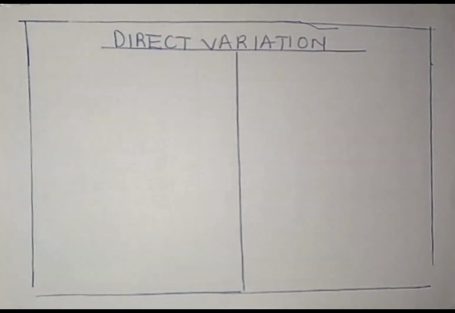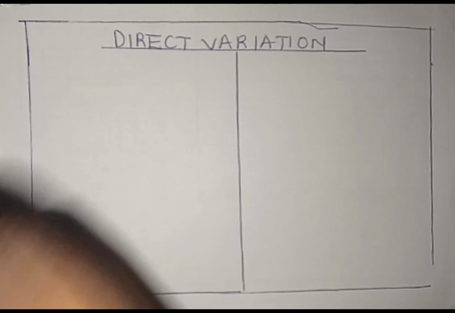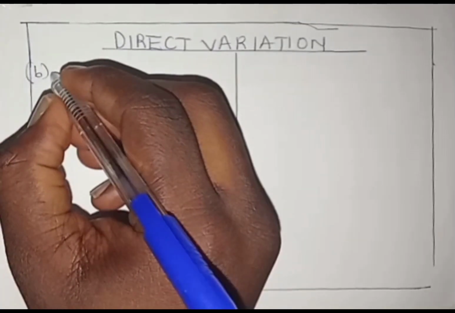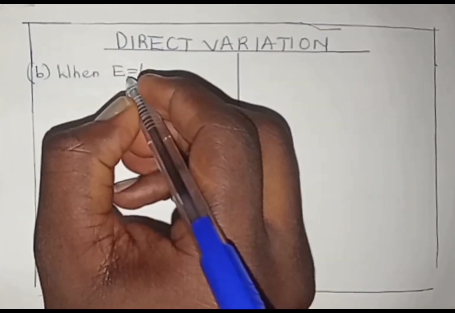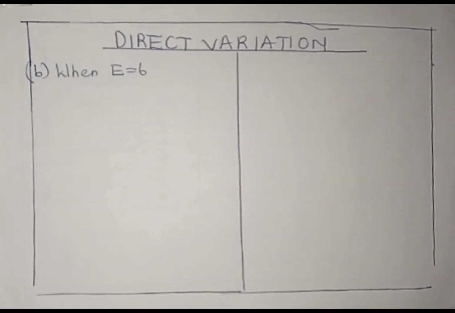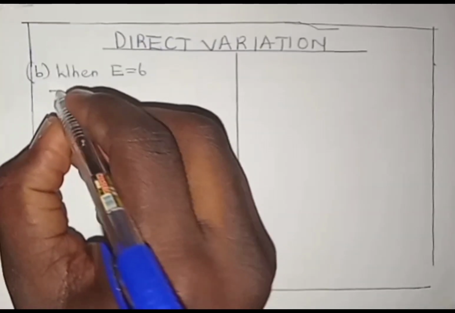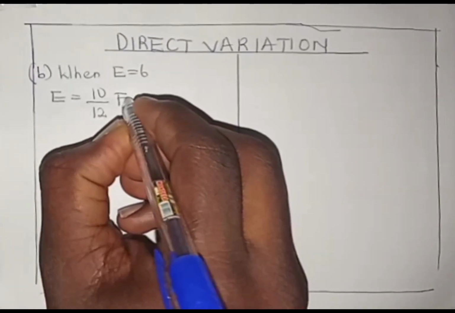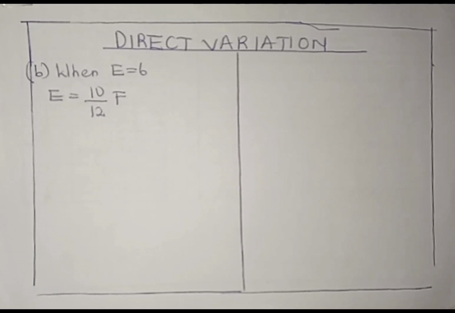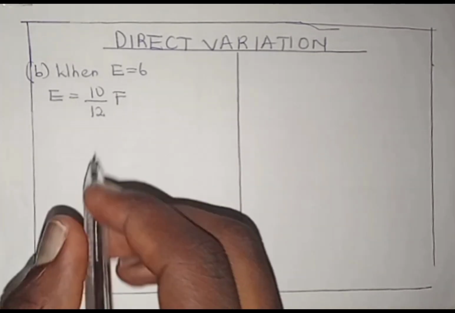So let's go to the second part of the question, B. When E is equal to 6, we are expected to find F. So the first thing we are supposed to do is to rewrite the relationship between E and F, which is E is equal to 10 all over 12 F. Here we are going to substitute the value of E, which is 6, into this equation.